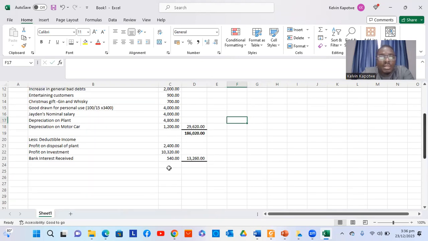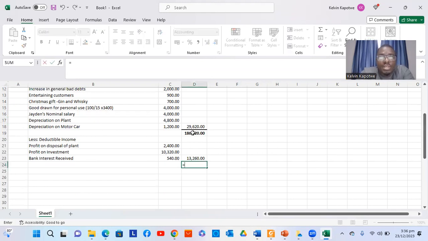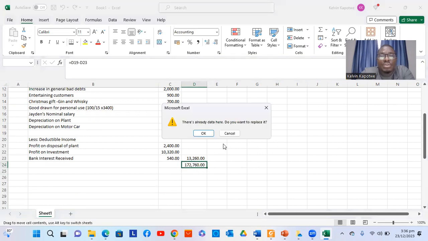All right. So now what we are going to do is we are lessing this. We are going to say this now minus this to arrive at the sum.